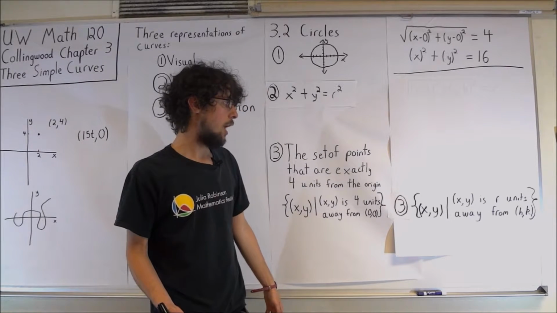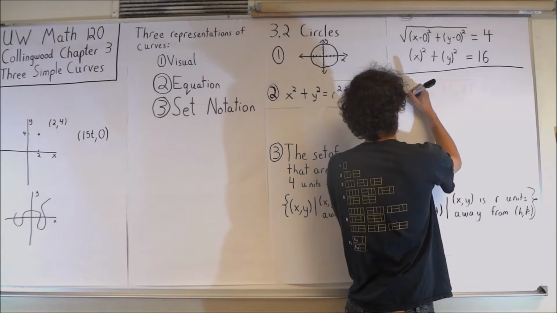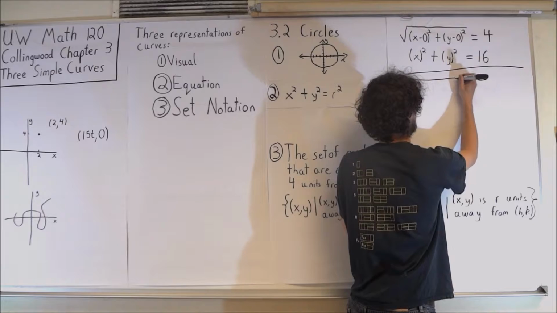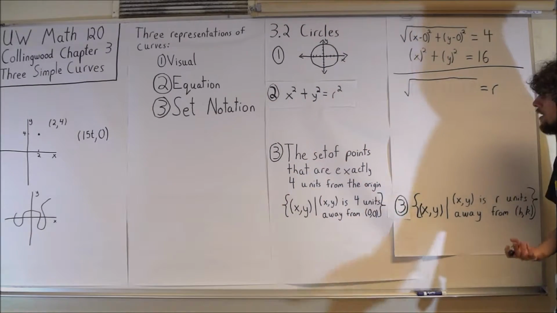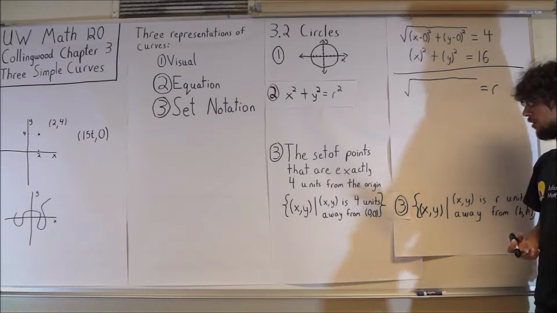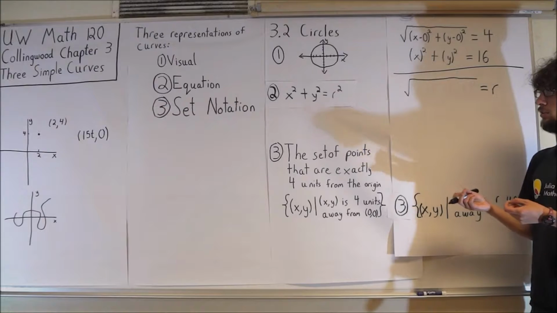In particular, I have some distance equal to r. And what is this distance that I'm talking about? Well, it's the distance from (x, y) to (h, k).